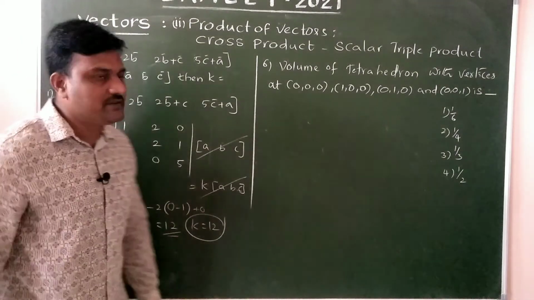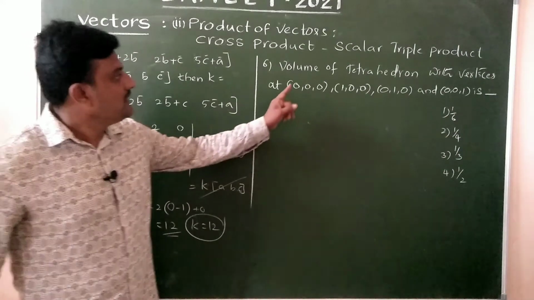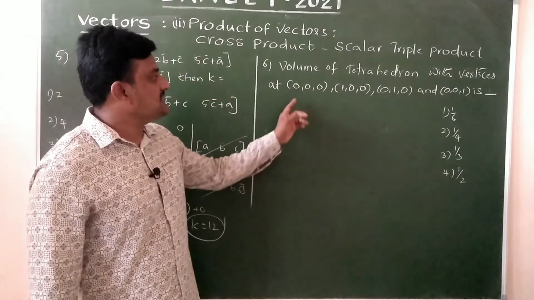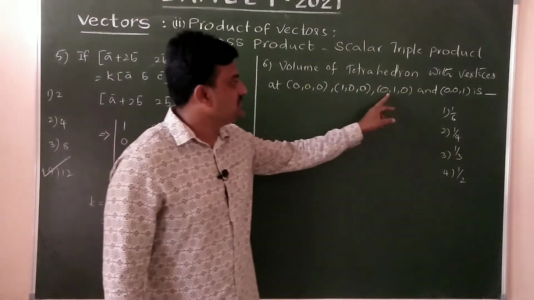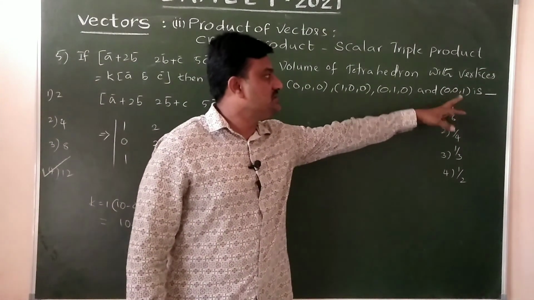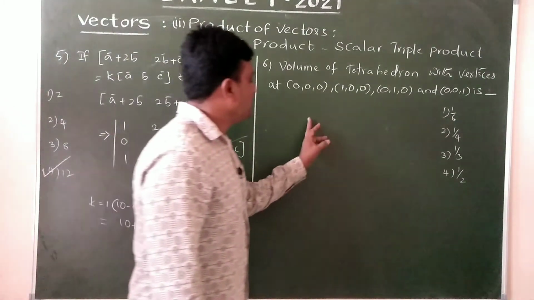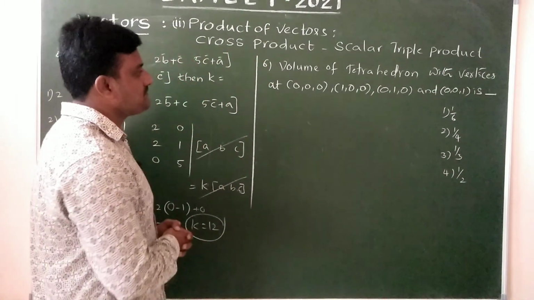Okay, let us go with the next one. Volume of tetrahedron with vertices at 0, 0, 0, 1, 0, 0, 0, 1, 0, 0, 0, 1. The vectors are given in points form.